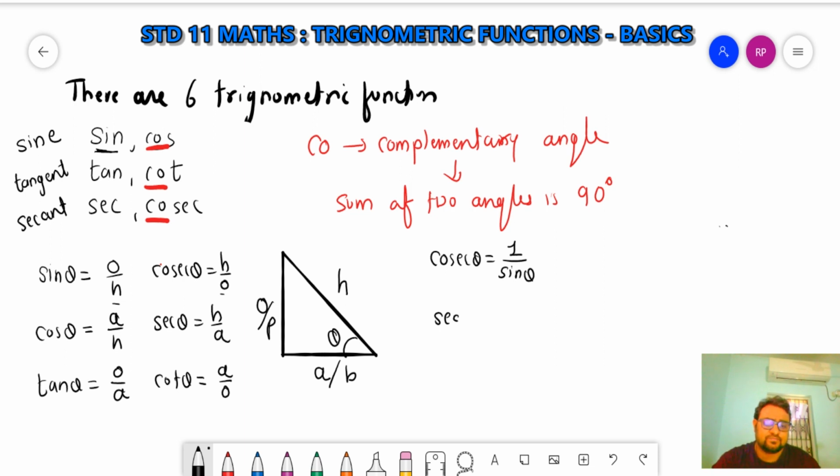Similarly, sec theta is equal to 1 by cos theta, and cot theta is equal to 1 upon tan theta. Clear? So these are some identities. You might have already studied this in standard 10. Okay, now let's move to some more formulas.